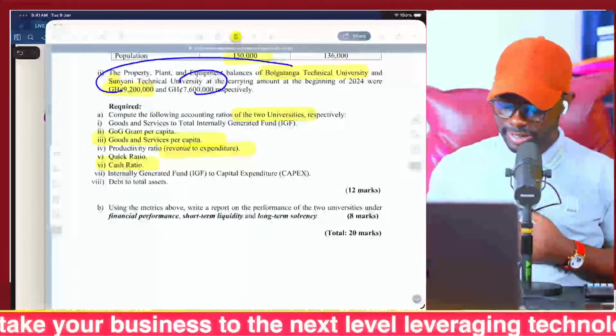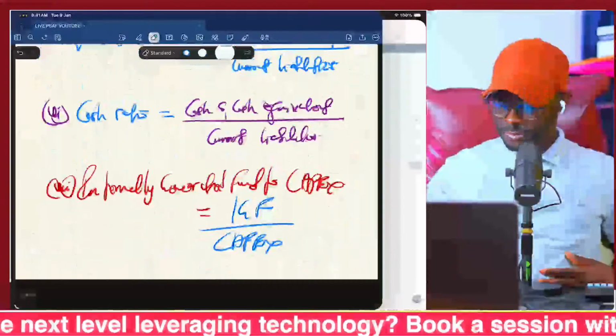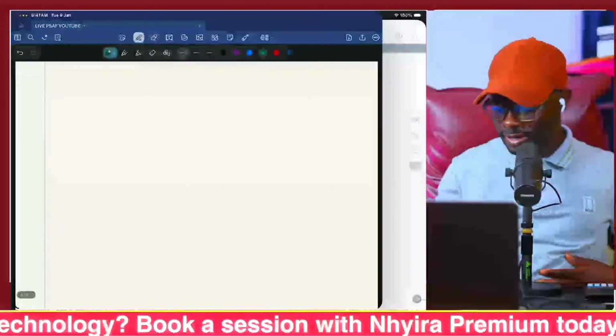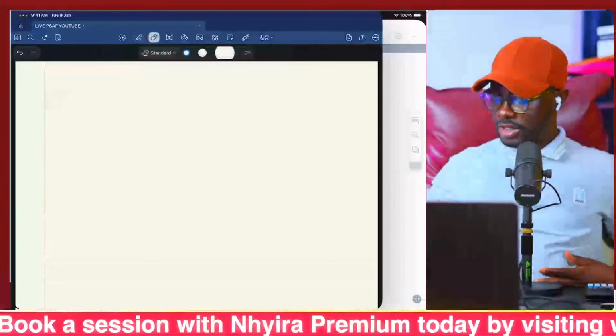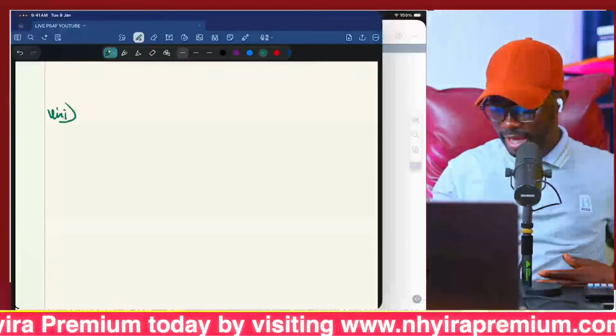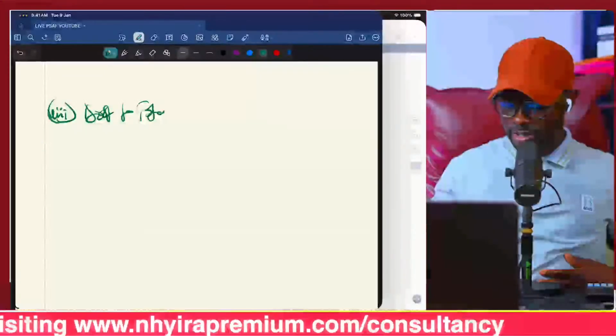Then the last one is debt to total asset. This is like gearing in the public sector. So debt to total asset. So that's going to be VII. So debt to total asset.